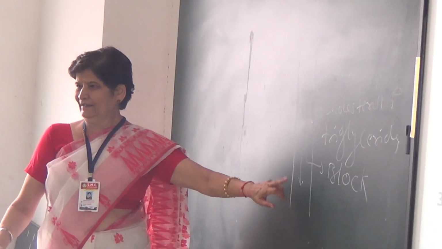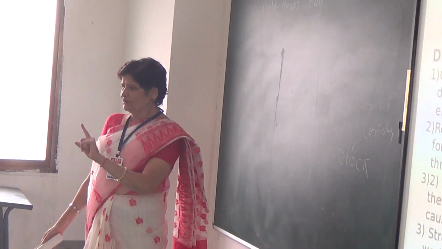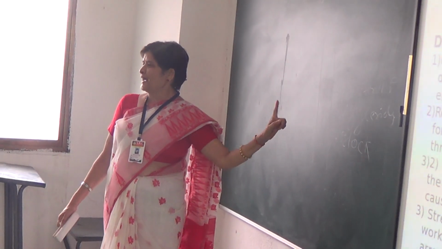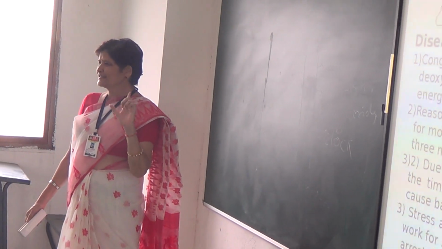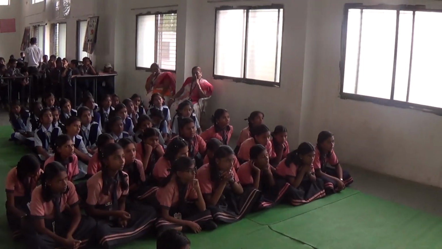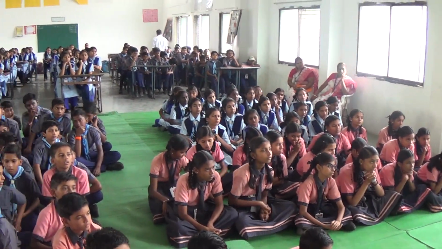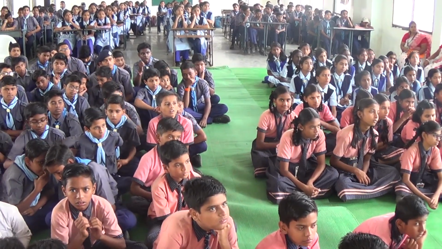Suppose this artery supplies the blood to your hands. What will happen? The hand will not get the blood. The person will suffer from paralysis of that part of the body. Paralytic strokes occur due to blockage in the artery. Why are these blockages there? These are due to junk food as well as three white enemies.